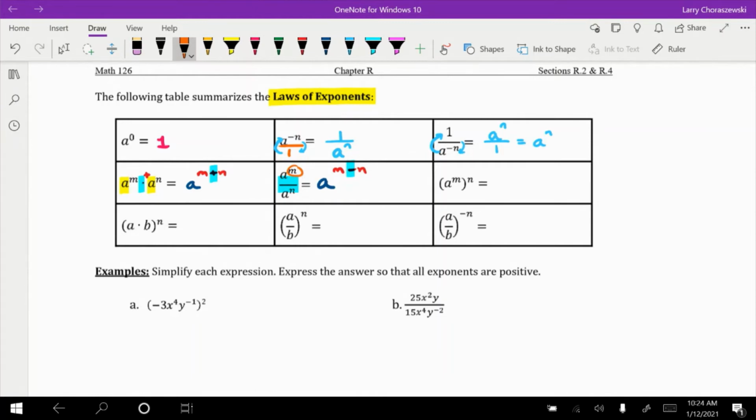So now with the very last box in row 2, what happens if we raise something that has a power to a different power? So in other words, a power to a power, what happens is you multiply them together. All right, so we can still write that as a base a, and what we'll do with m and n is just multiply them together. Okay, so putting an exponent on something that already has an exponent just means you're going to multiply the exponents together.